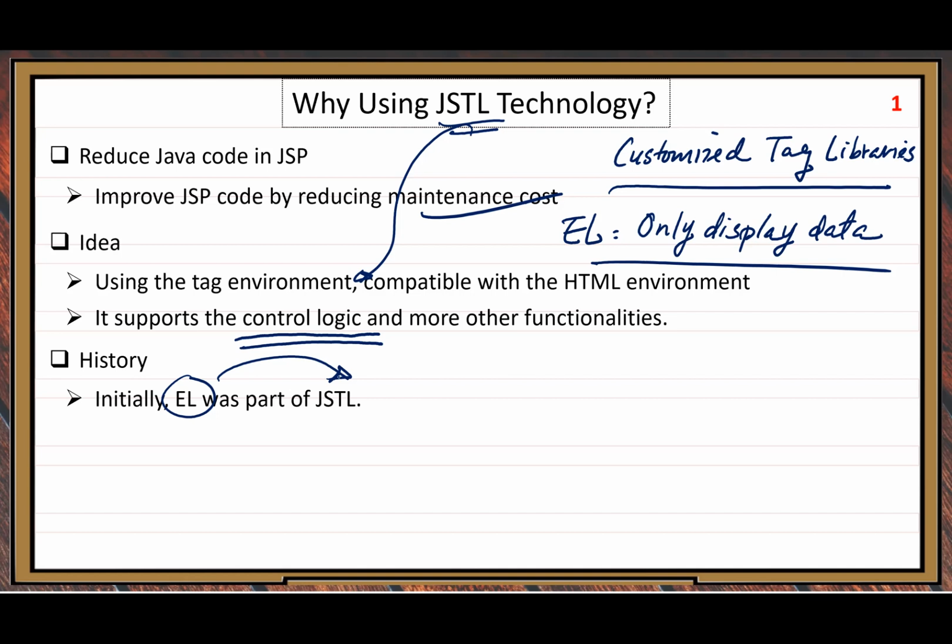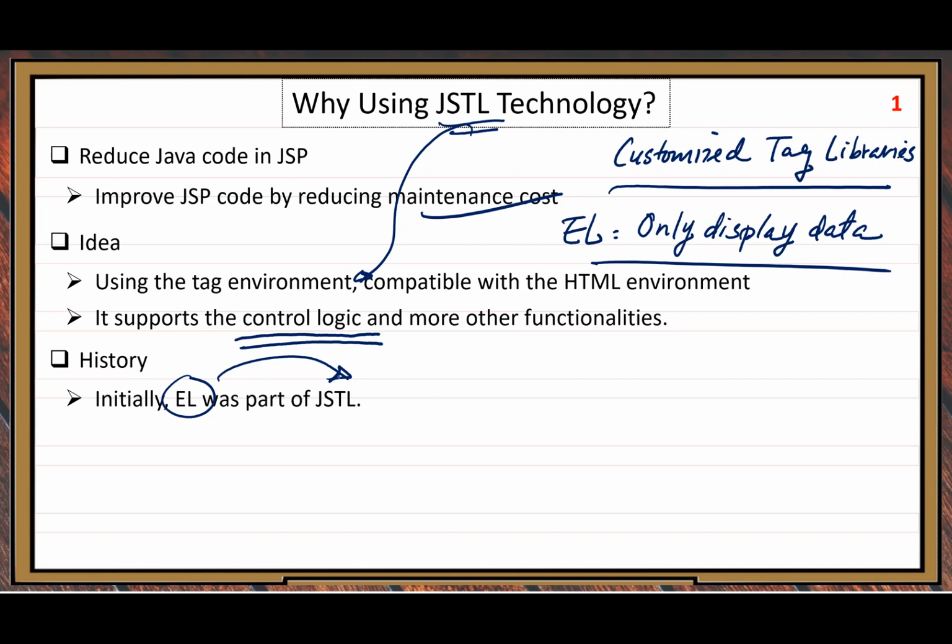And inside JSTL, when people need to display data, they use our current EL expression, dollar curly braces. At that time, people did not call that part EL. No name for it.